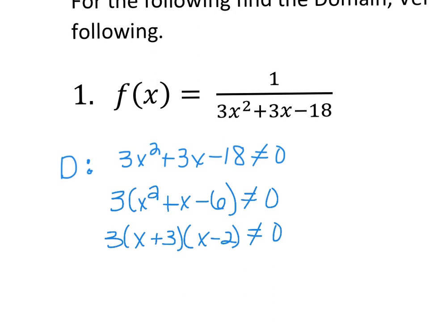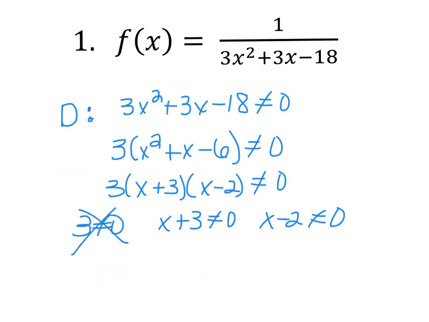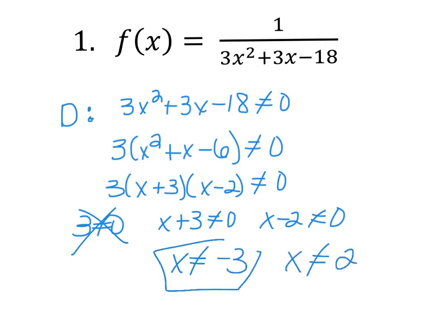A lot of people ask me questions. What do I do with the 3? Guys, you set each piece not equal to 0. The 3 is nothing. So x cannot be what 2 numbers? Negative 3 or positive 2. That's your domain.